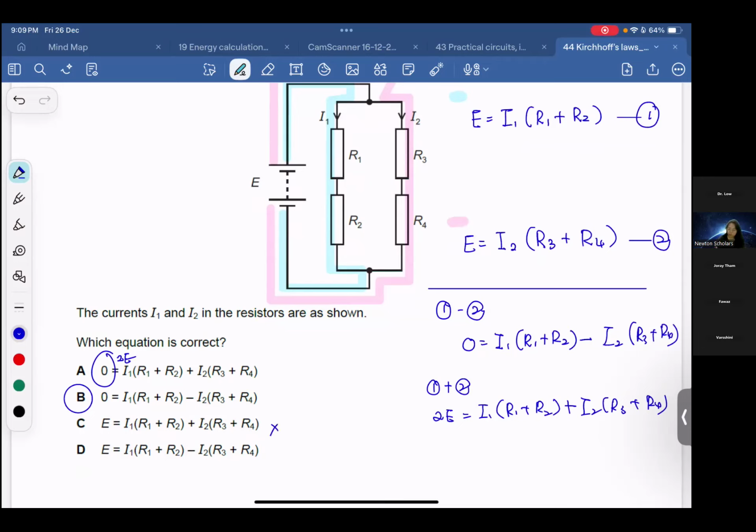So C and D are wrong. But just now all the answers kept giving me C. If you add it together, it should be 2E. Is that clear?